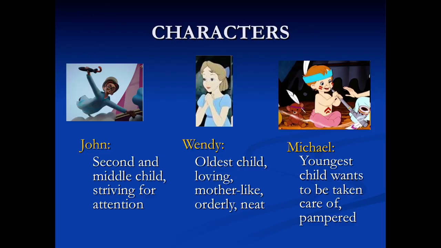And as often is the case with middle children, he strives for attention. Michael is the youngest, and he's very, very young and naive, and he has to be taken care of and pampered. And Wendy, being the oldest and the only girl, she's very motherly. She's very much like her own mother, very orderly and neat. And like I said, she is the oldest.